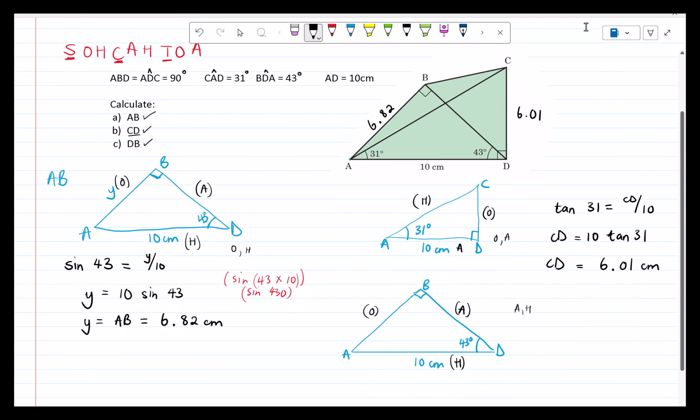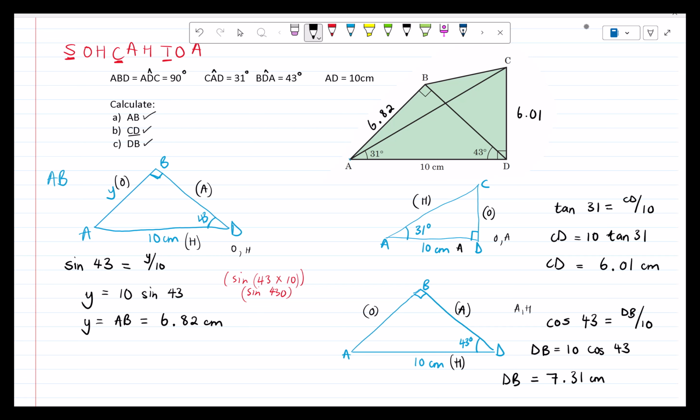And making use of the cosine, we are going to have cos 43 is equal to A, which is the adjacent, but we want it as DB over our hypotenuse, which is 10. So to find DB, we are going to say 10 multiplied by cos 43. And giving our answer correct to 3 significant figures, that will be 7.31 centimeters. So that is the length of the side DB, 7.31 centimeters.